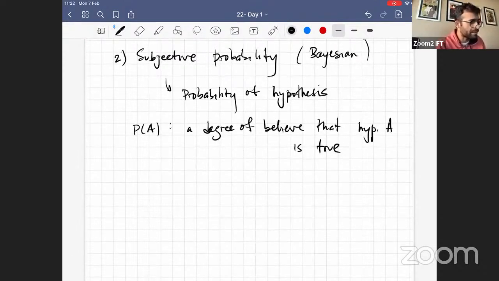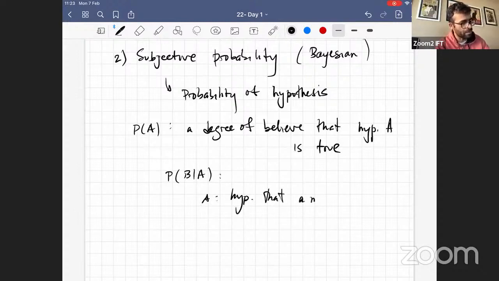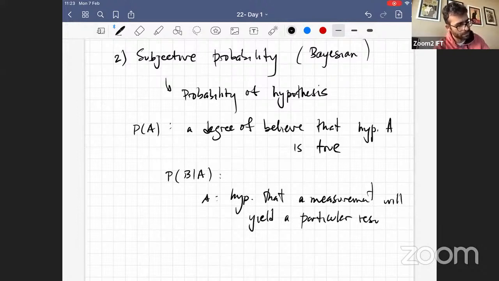So for example, in the context of Bayesian, when I say A, it can be the hypothesis that a measurement will yield some particular result, whereas B will be the hypothesis that a certain theory is true.